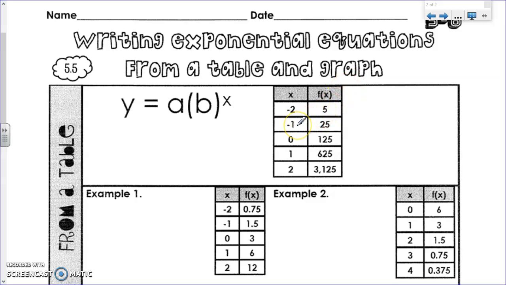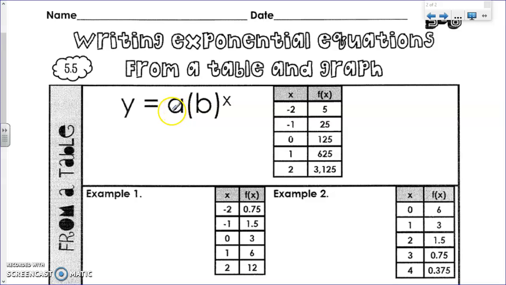Okay, so what do we know, first of all, about A? A is the starting value. And if there's not a transformation, what is that always on the graph? 1, and it's the y-intercept, right? Yes, that's where we look at for is the y-intercept. But it's 1 if there's not a transformation, right?